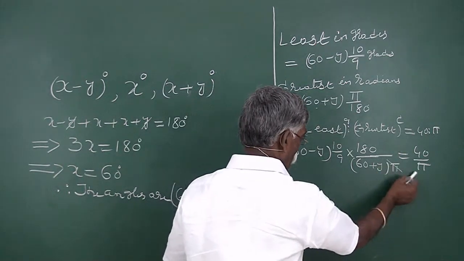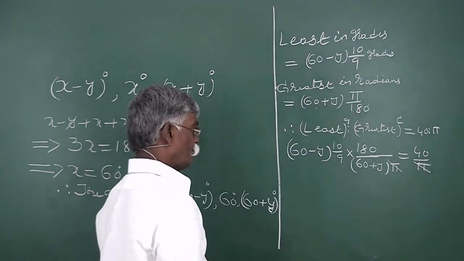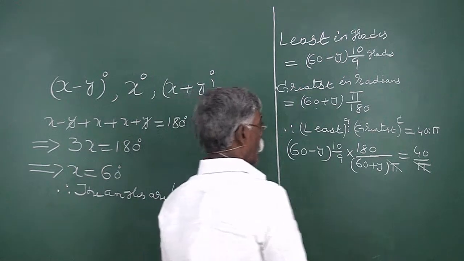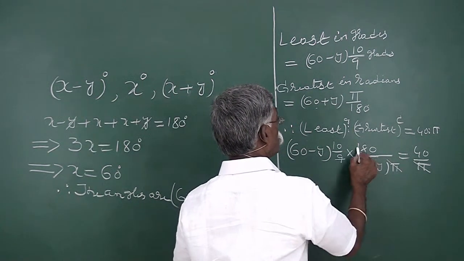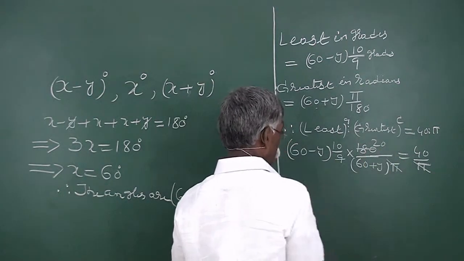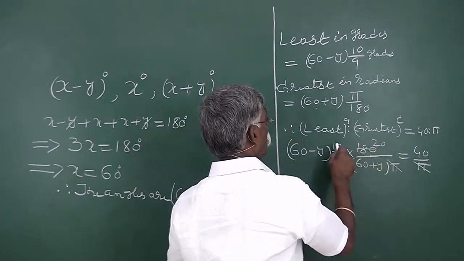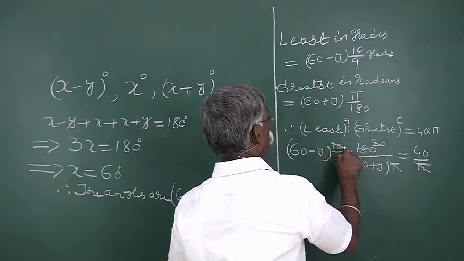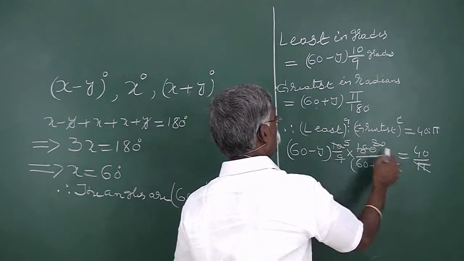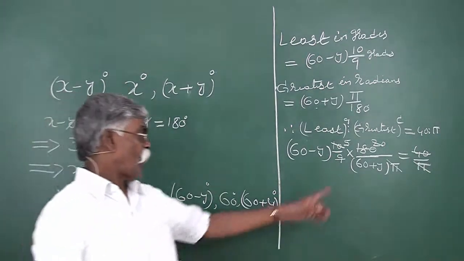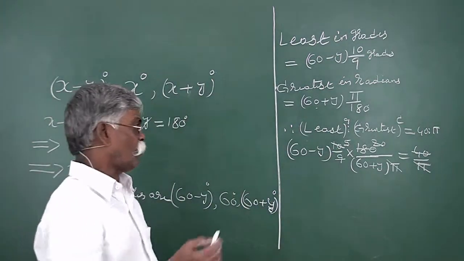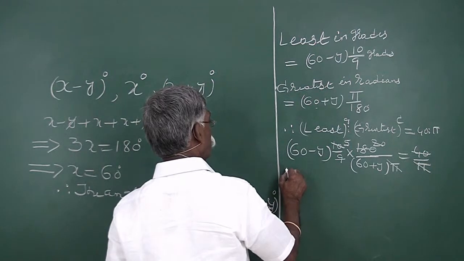So pi gets cancelled on both sides, and 9 goes 20 times, and 20 into 2 becomes 40, and 5 is left here, and 40 cancels. So therefore 5 into 60 minus y is equal to 60 plus y.